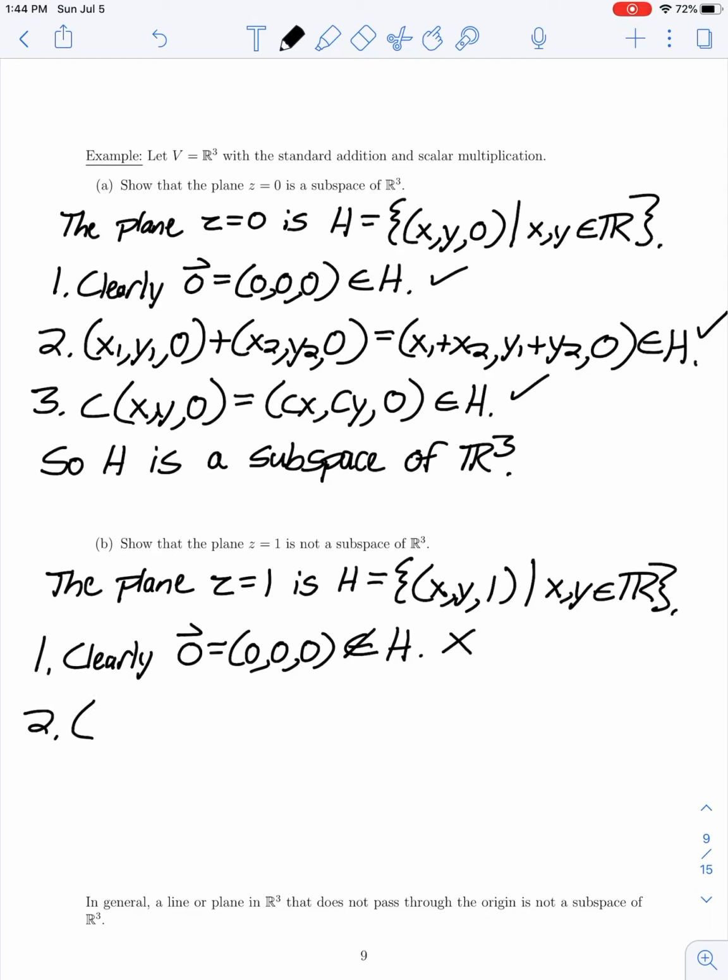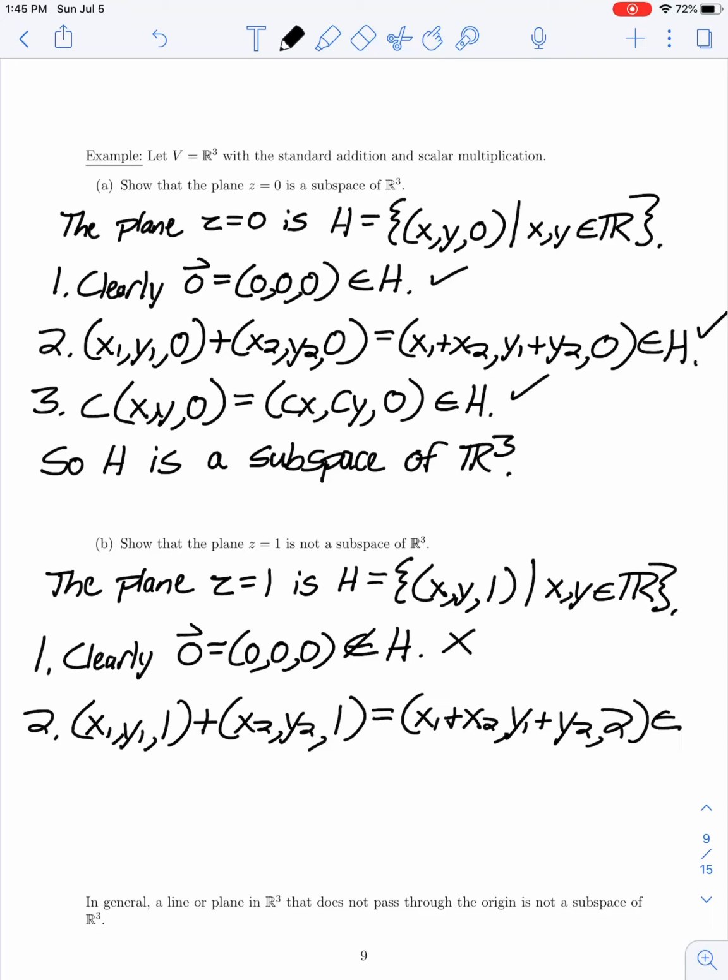So if we were to take the sum of two vectors in H, let's say x1, y1, 1, and x2, y2, 1, the sum is the vector x1 plus x2, y1 plus y2, and 2, which is not an element of H since the third coordinate for that vector is not equal to 1. So it is not closed under vector addition. Therefore, it is not a subspace.